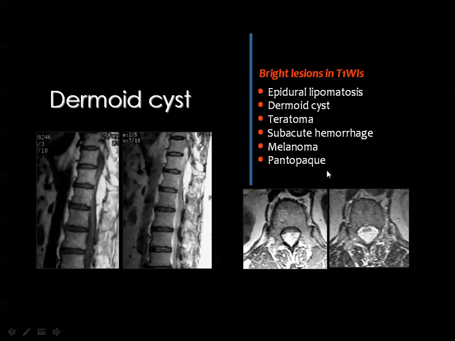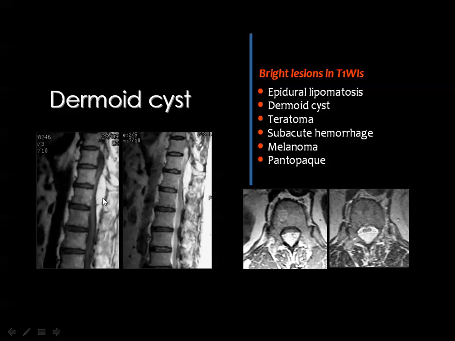This is a very old contrast material known as Myodil, which is an oily material used to be injected inside the spinal canal before the era of CT and MRI. And this oily material may persist for years inside the spinal canal, and it can be seen in the epidural space or in the subdural space.